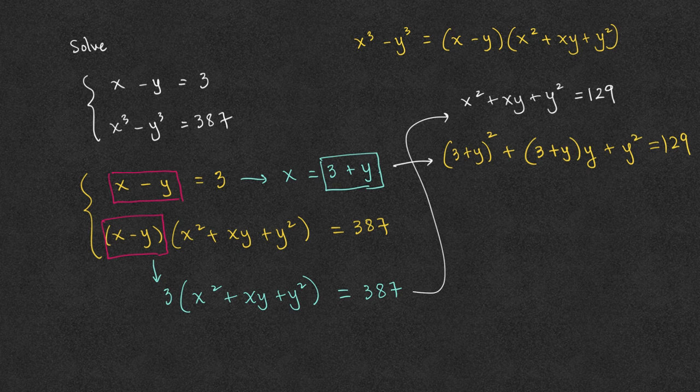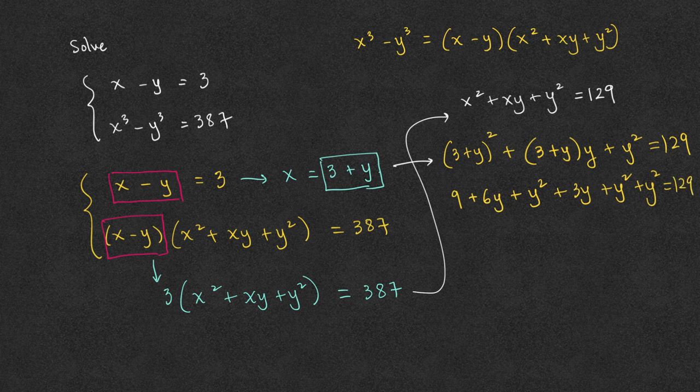And so this equation now only has one variable. We then simplify this. This is 9 plus 6y plus y squared plus 3y plus y squared plus y squared equals 129.